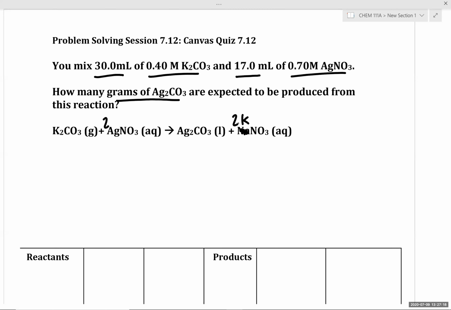Now, with the following balanced chemical equation, I'd like you to calculate the expected mass of silver carbonate product that you would get from this reaction.